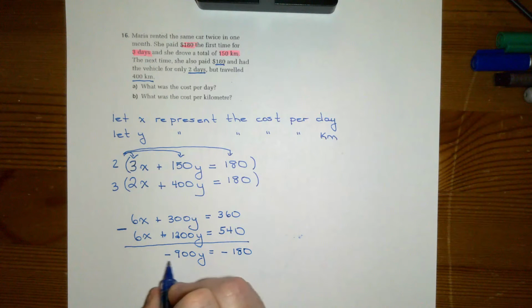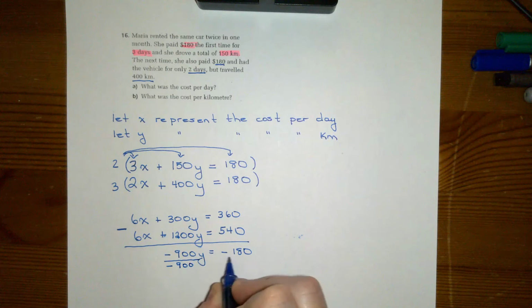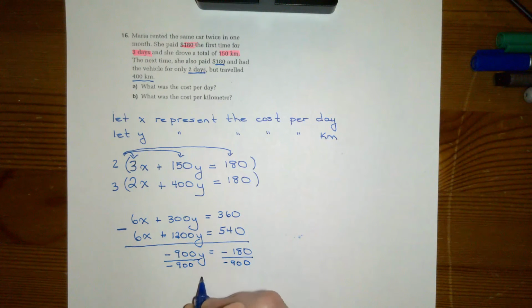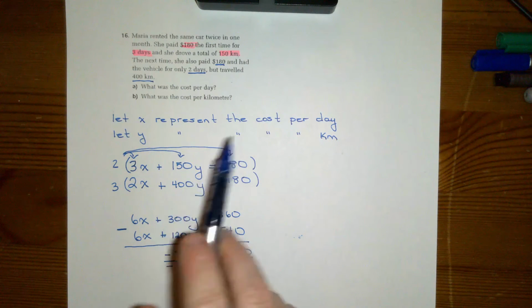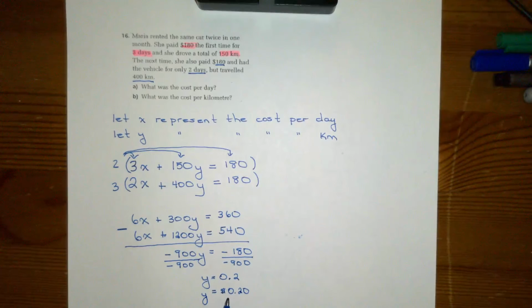And then I'm going to divide both sides by negative 900. And so y is equal to 0.2, or y is 20 cents. So now I know that my cost per kilometer is 20 cents.